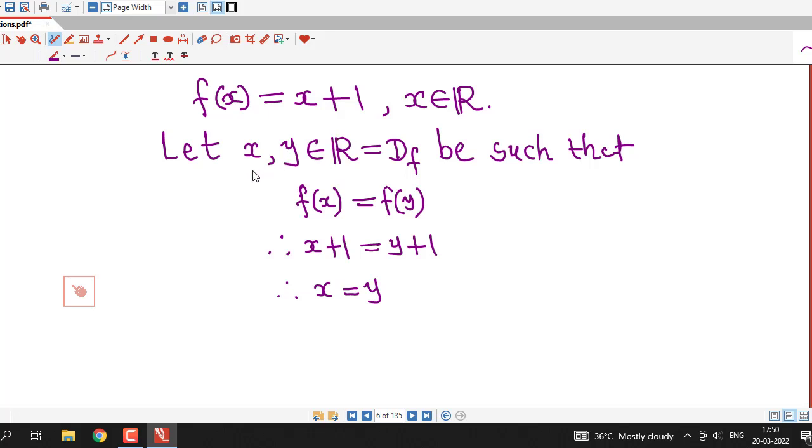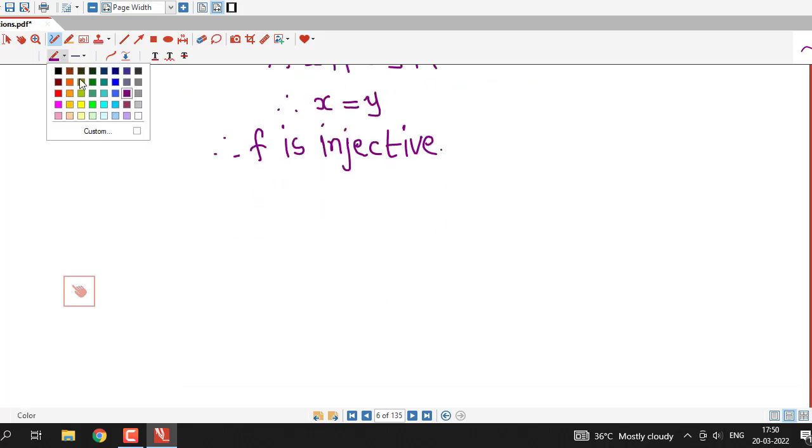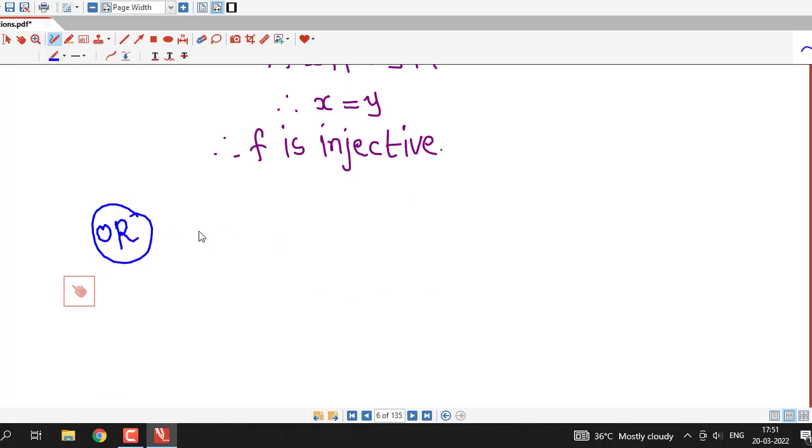So we take arbitrary elements in the domain of given function such that their images are equal, and we show that x equal to y. Therefore given function is injective or one-to-one. And if we wish, we can use that equivalent condition also. Instead of proving in this way, we can prove using that equivalent condition also.